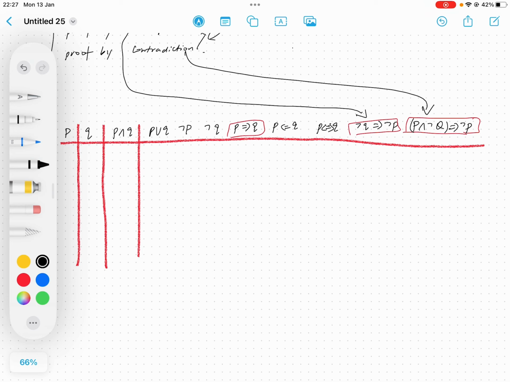To exhaust all the possible combinations, let's change the pen here. We put two for P. So it can be true or false, okay? And combined with Q, this should exhaust all the possible combinations between P and Q. So this can be F, and this can be T and can be F, okay? So this is given, okay?